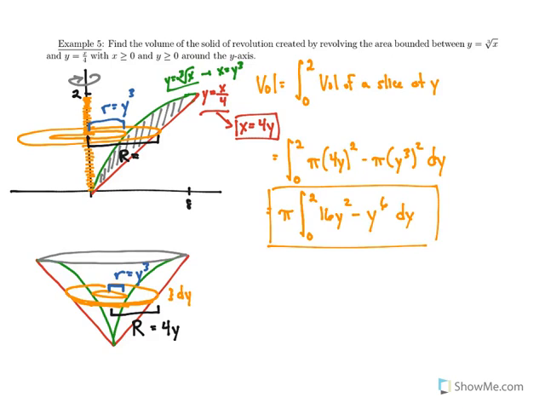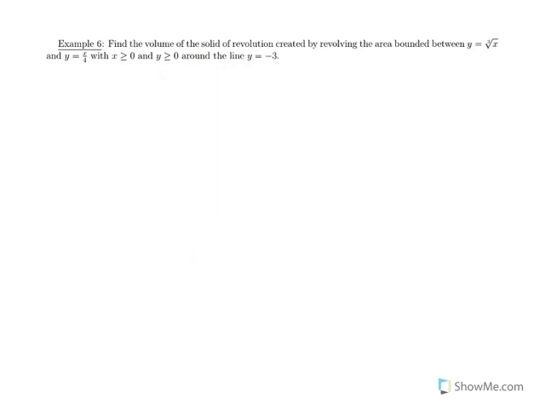Right, we're going to do this one more time with this area. But this time, we are going to revolve around the horizontal line y equals -3. So we are going to redraw this one more time.